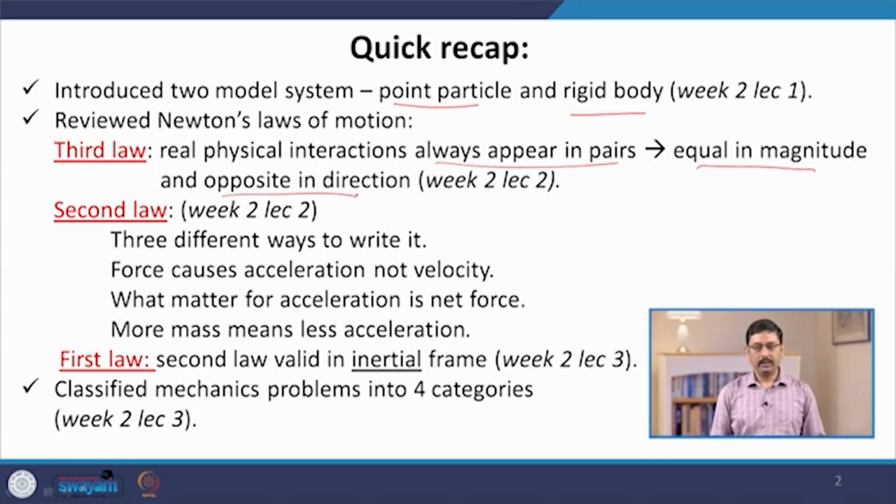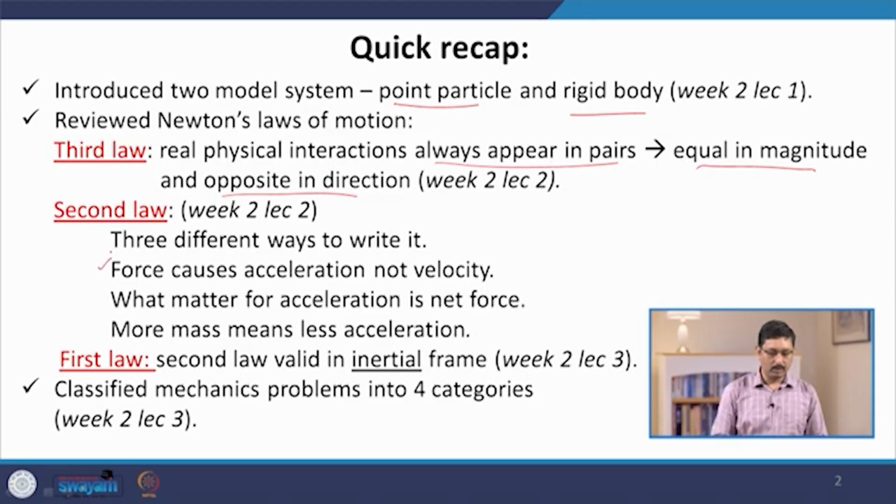Then we went to review the second law of motion. We first showed that there are three different ways to write the second law of motion, each more general, covering more situations than the previous one. Then there are three messages from the second law of motion.